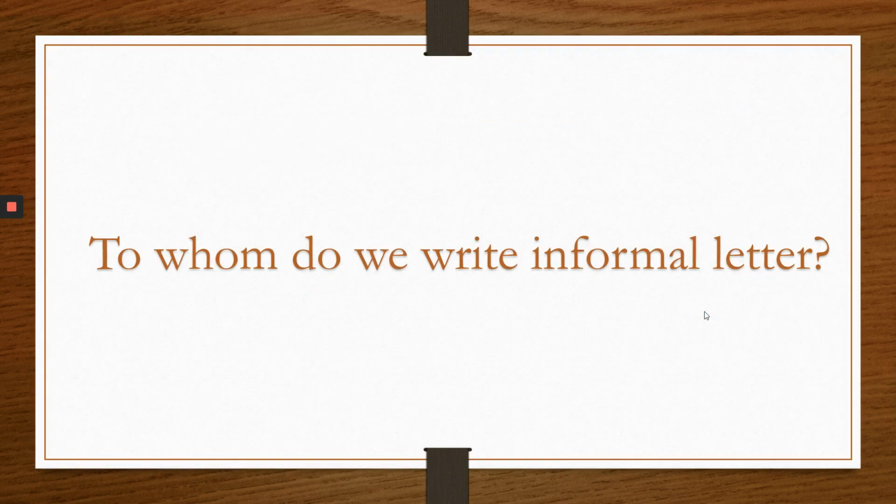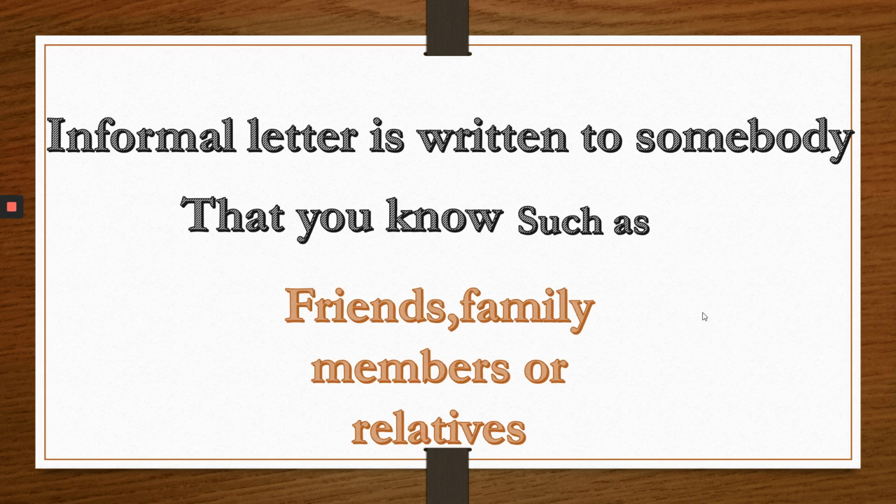The first main point that we have to know is, to whom do we write an informal letter? We have to decide who is the person that we should write an informal letter to. An informal letter is written to somebody that you know well, such as friends. When you write to your friend, you will write using an informal letter.